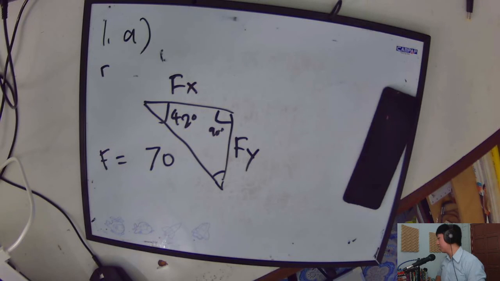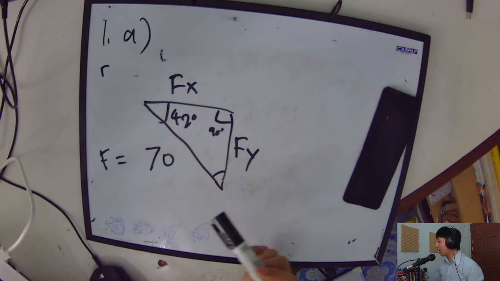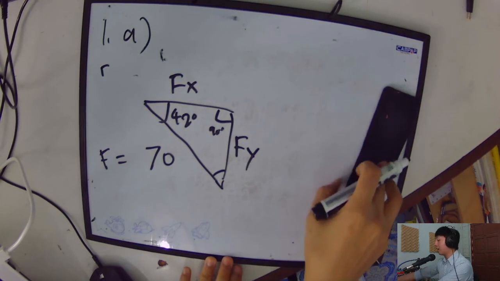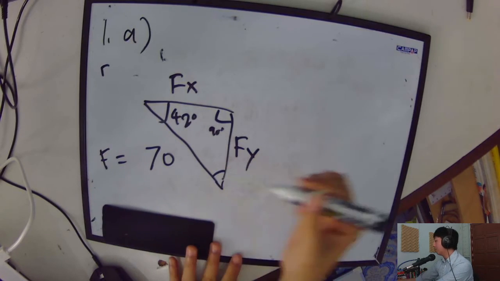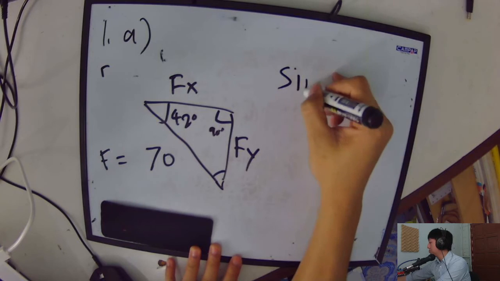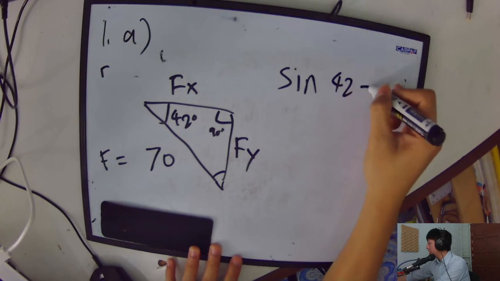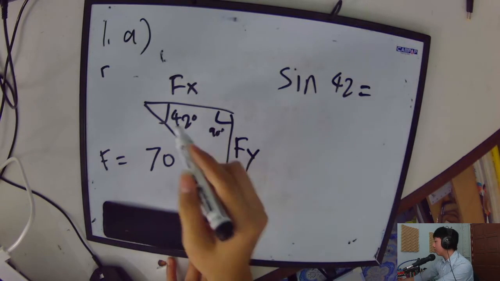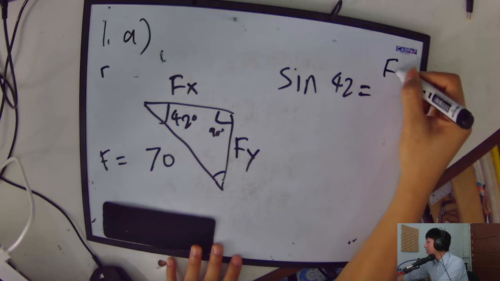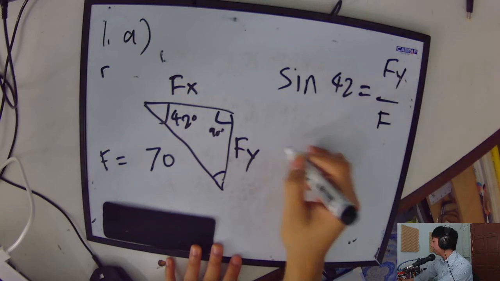Right? So that means, so you can use trigonometry to try and figure it out. So you can use other angles. That's fine. There's nothing wrong with that. So you could calculate it like what I showed earlier. So for example, you might want to say sin 42 equals, so 42, so opposite is Fy over F. You're still basically doing the same thing.